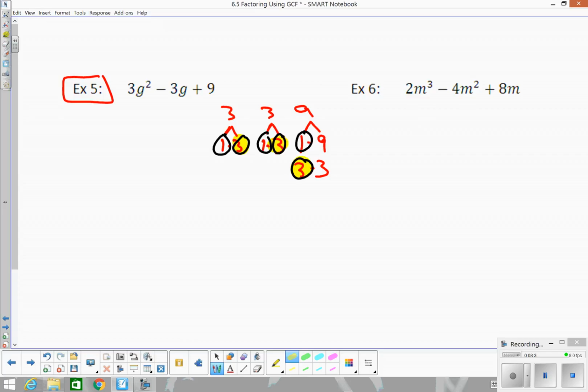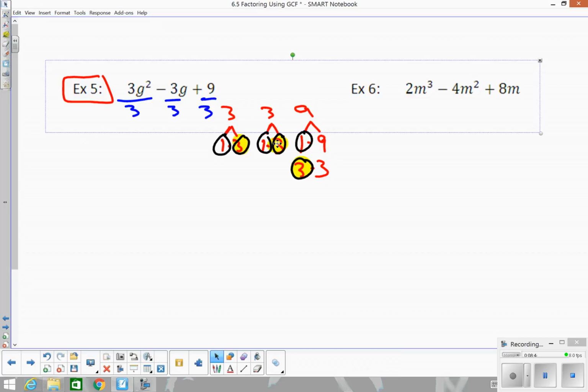Just like that. Okay? When I go ahead and divide, I have to divide every single term. Okay, cool. Just move this over just a tad.